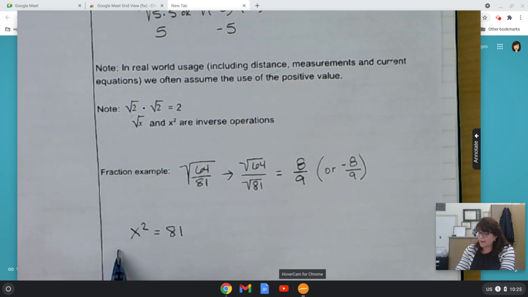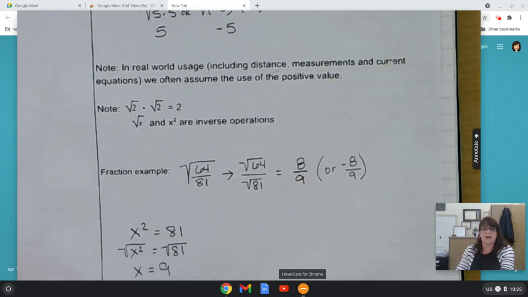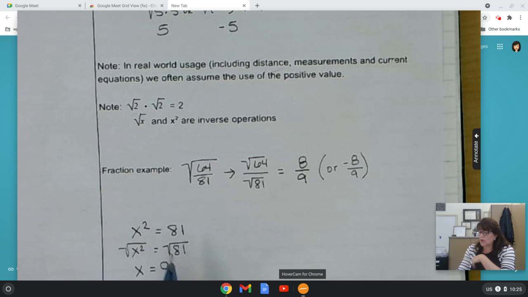We solve it by finding the square root of both sides. The square root of x squared is x. The square root of 81, thank goodness, it's perfect, is 9. And that is how you would solve that one-step equation.